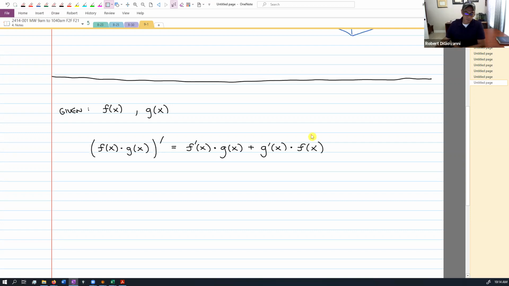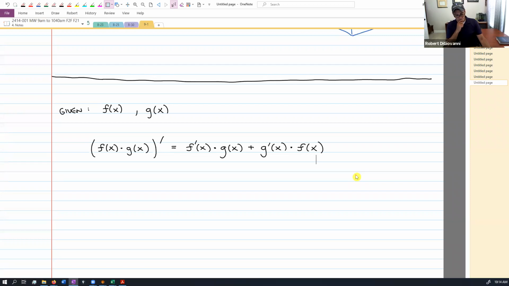I know you may have learned this formula a little differently, with things flipped or rearranged, but we should all have the derivative of f times g somewhere in our formula, and somewhere else the derivative of g times f, added together. So everyone's happy with the product rule. We're not going to question where it comes from.